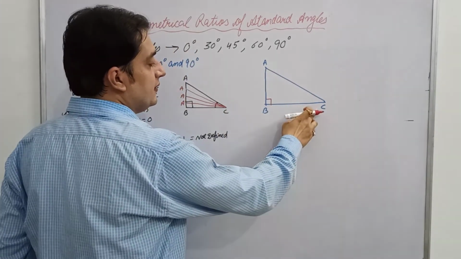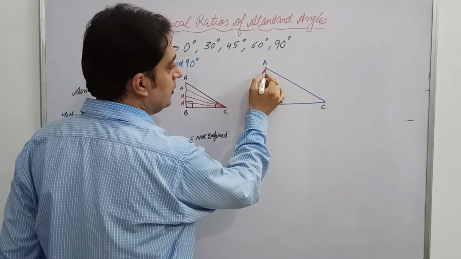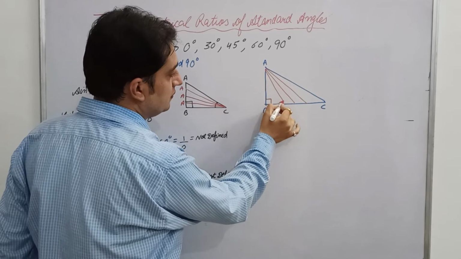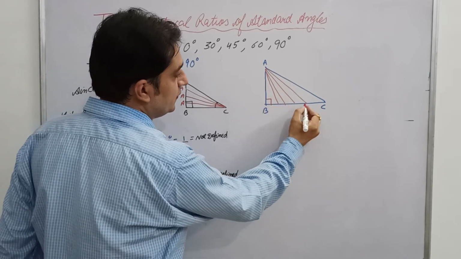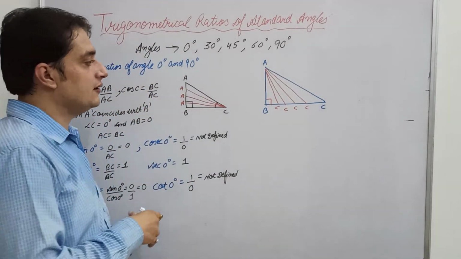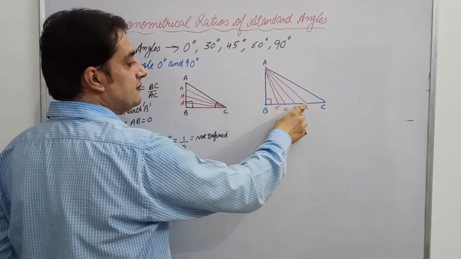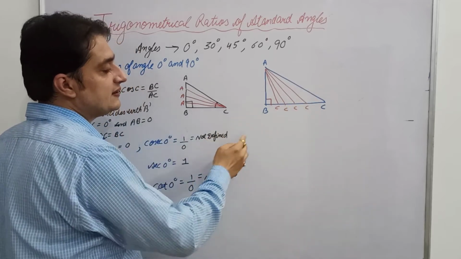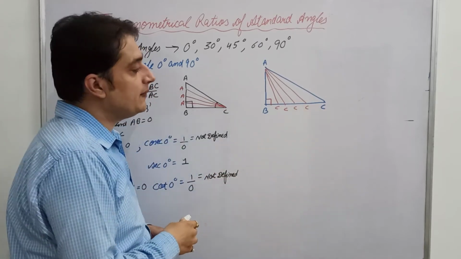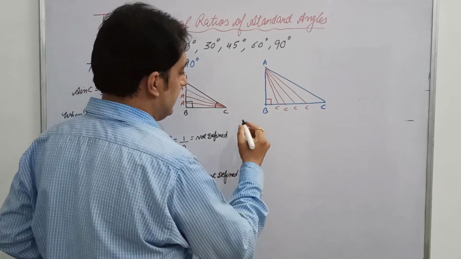As we bring C closer to B, as C approaches B, here I am drawing, the angle C becomes maximum. So the angle starts increasing. When C coincides with B, then at that time the angle C will become 90 degree and angle A becomes 0 degree, right?